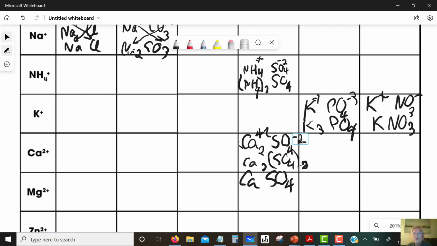And then this 2 from the sulfate, the negative 2 from the sulfate, comes down for the calcium. Since I have a negative, I have a 2 outside as a subscript for the calcium, and a 2 as a subscript for the sulfate. They cancel each other out, and I simply write CaSO4. I want you to practice them. Try to do all of them. An answer key will be posted for you to look at.